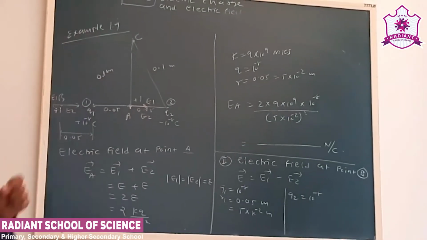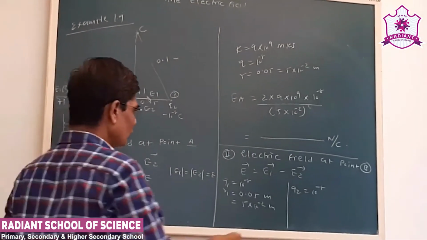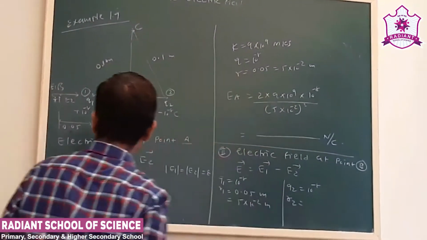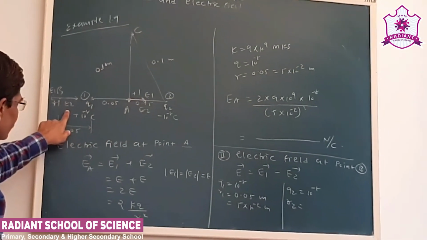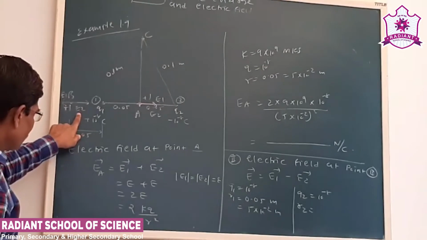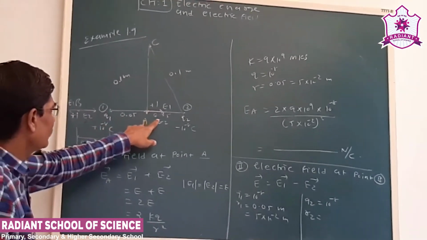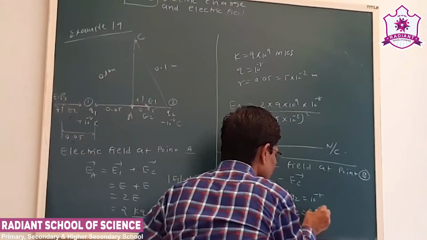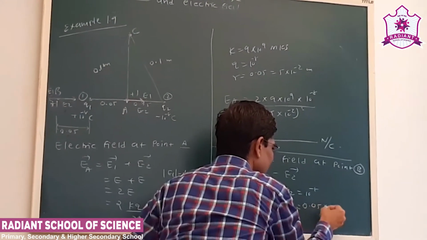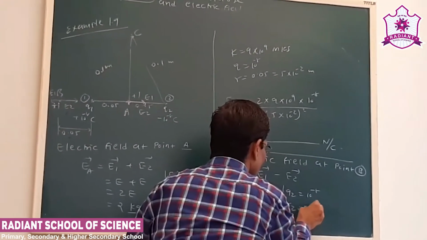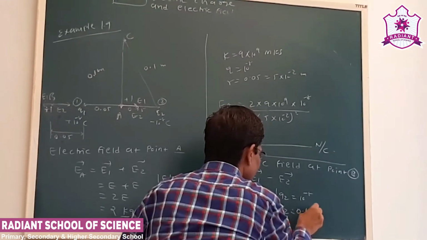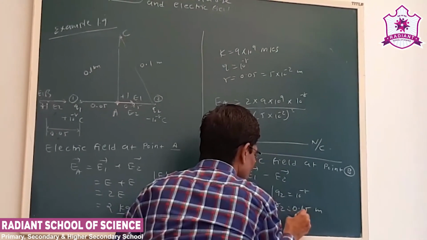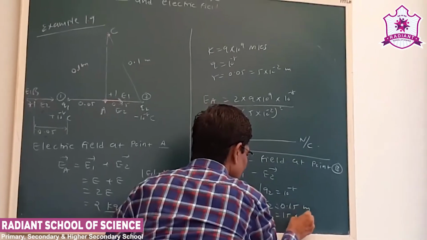R2 is 0.05 plus 0.05 plus 0.05, so it will be 0.05 into 3, or we can say 0.15 meter, so 15 into 10 to the minus 2.